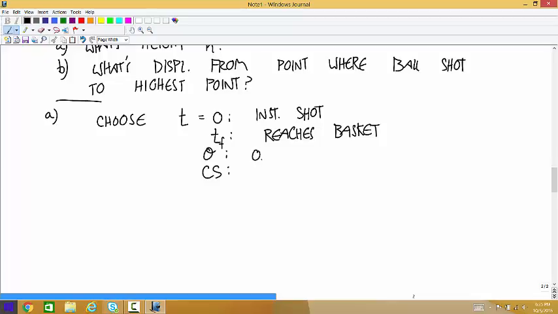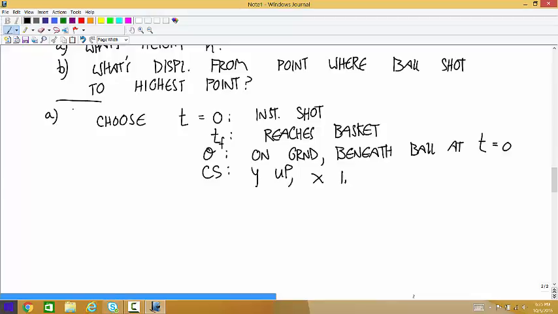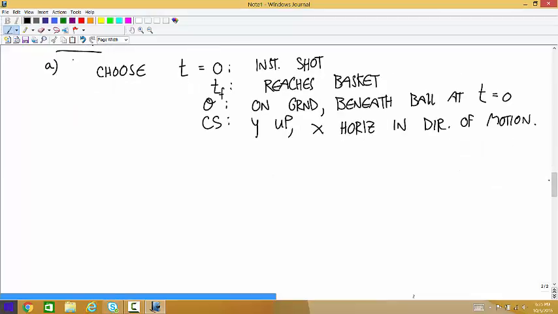So the origin is on the ground beneath the ball at time equals 0, and the coordinate system has y up and x horizontal in the direction of motion. Any questions about those choices?